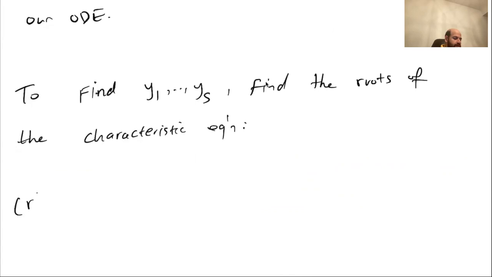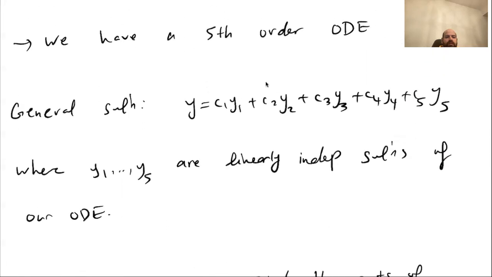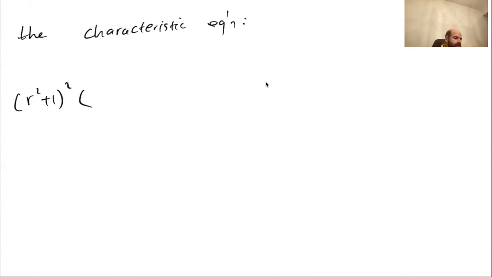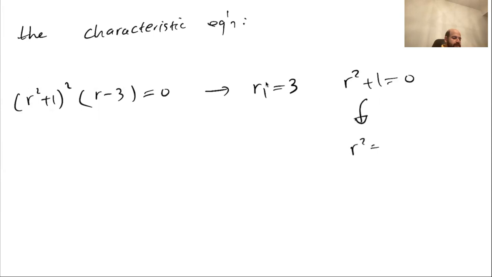So the characteristic equation is (r squared plus 1) squared times (r minus 3) equals 0. Of course, one solution is r1 equals 3. And r squared plus 1 equals 0 gives r squared equals minus 1, so r equals plus or minus the square root of minus 1, which is plus or minus i.